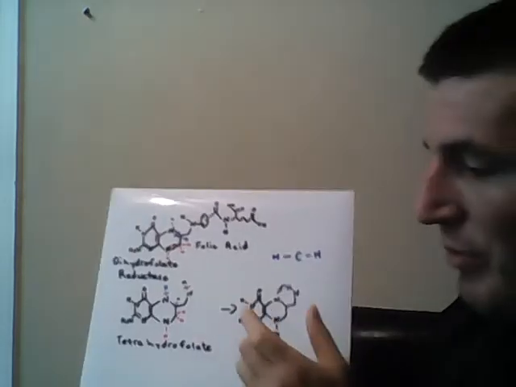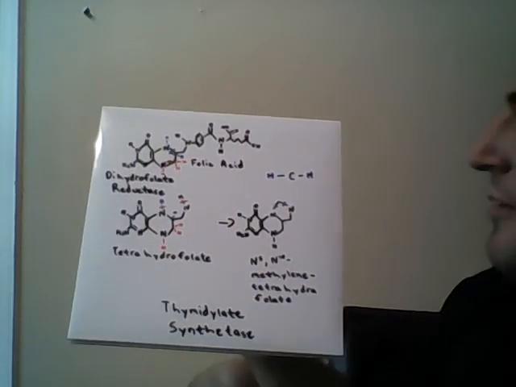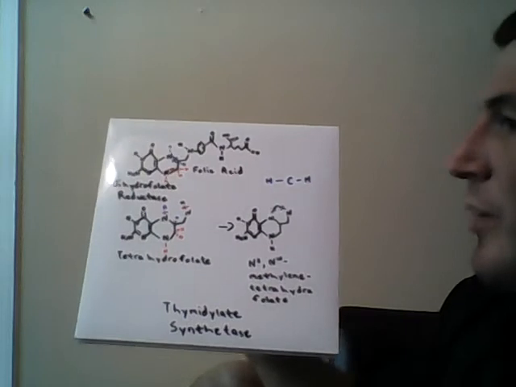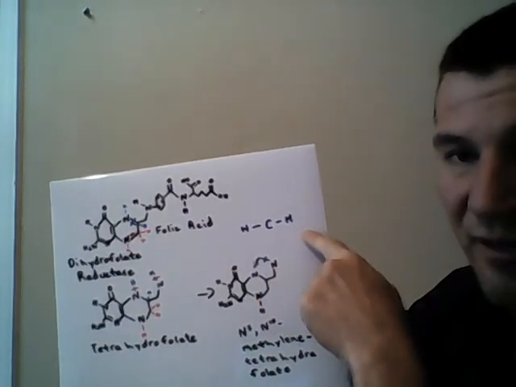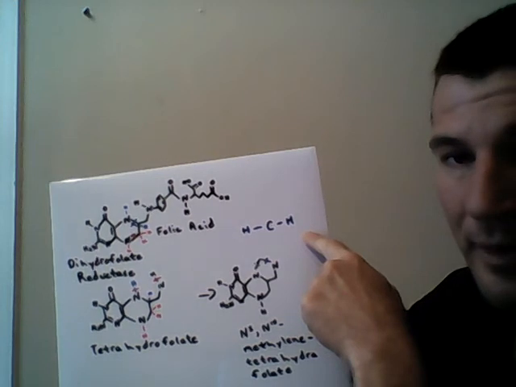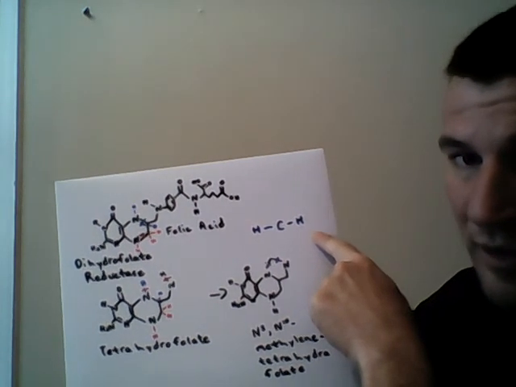In uracil, uracil has a carbon with 1 hydrogen attached, and this thymidylate synthetase will go in there and chop that hydrogen off the uracil, and this methylene group will slide right in there where that hydrogen was chopped off that carbon at the uracil.